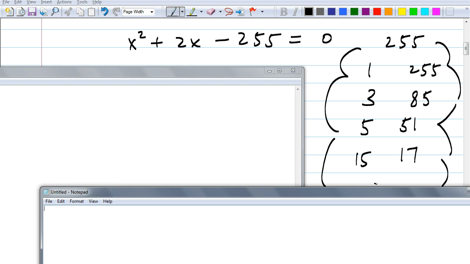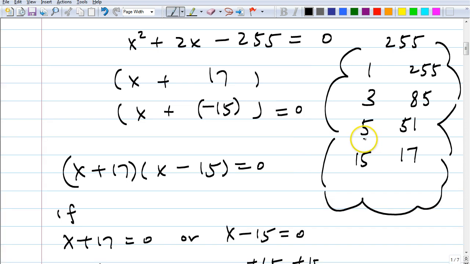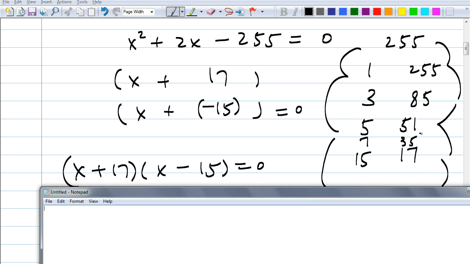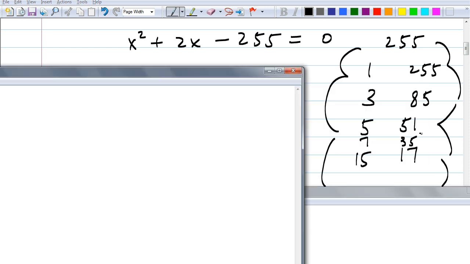Divide, guys. 35? Does it work? 7 and 35. Multiply it out. Does it or no? Do we know how to multiply? 7 times 35? It doesn't go in. Told you all.